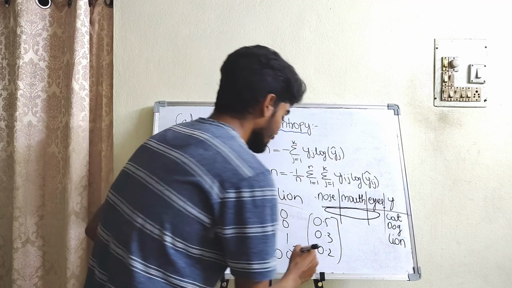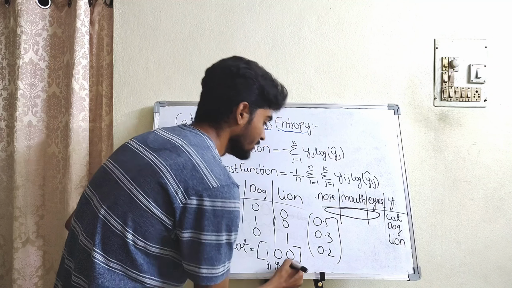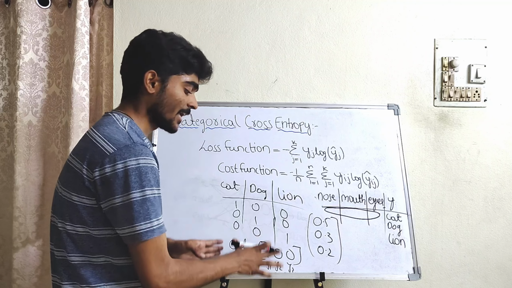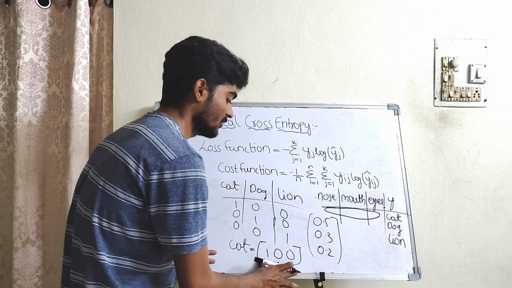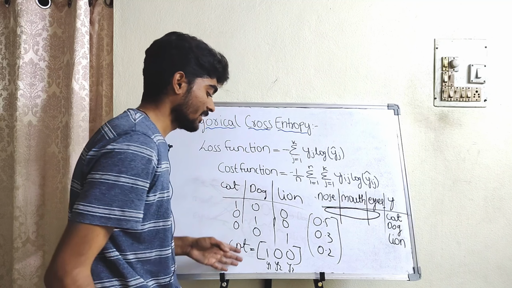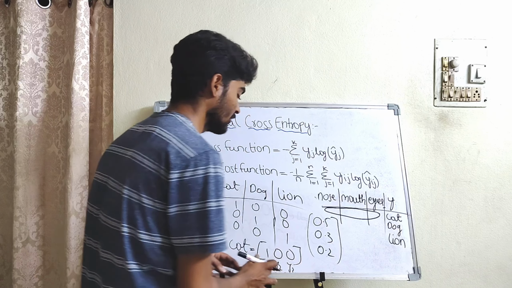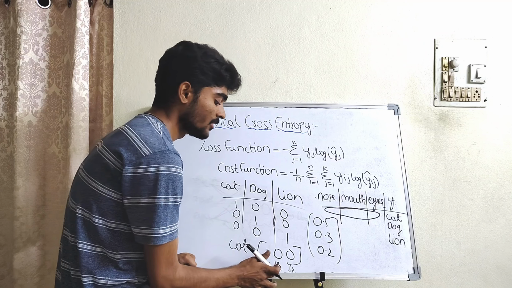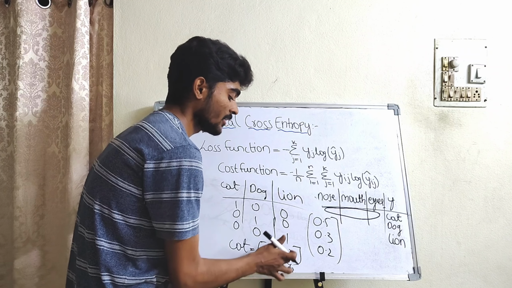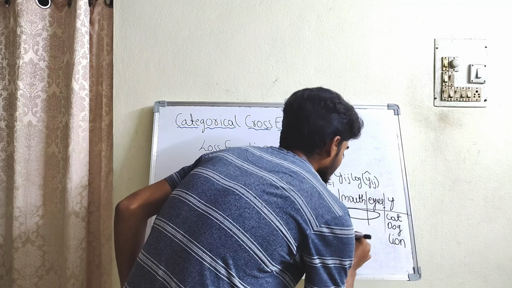Now these are our y1, y2, y3. For our cat class, which is represented by 100, y1 is 1, y2 is 0, and y3 is 0.